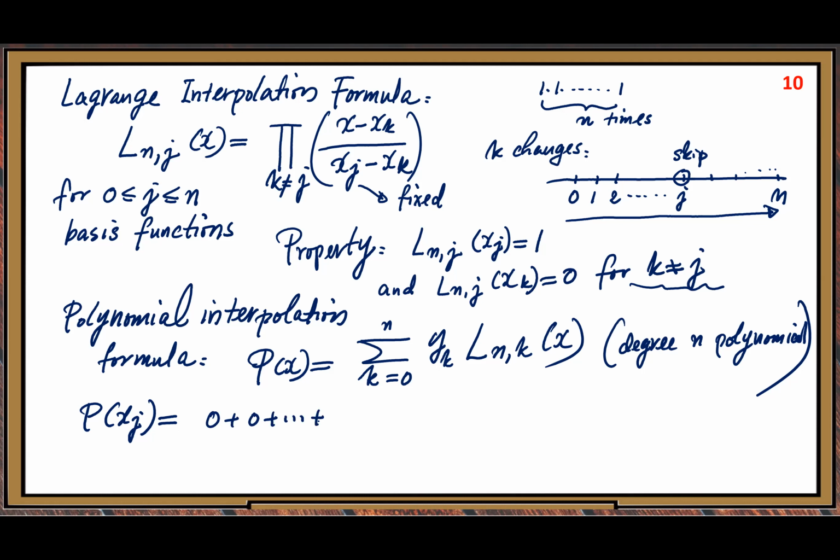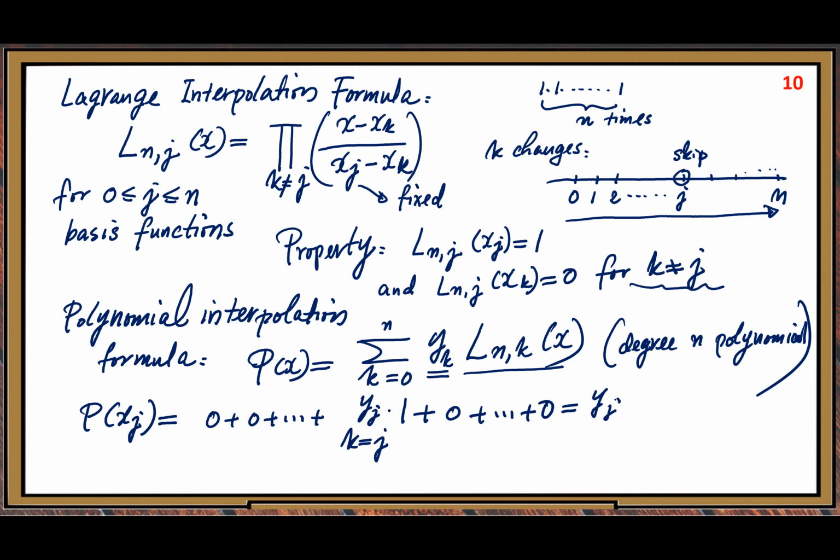But when k equals j, the L part equals 1, and yk becomes yj. So yj times 1, and all the rest are 0, giving yj.